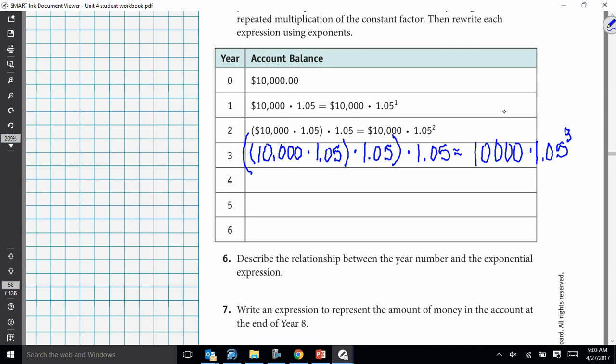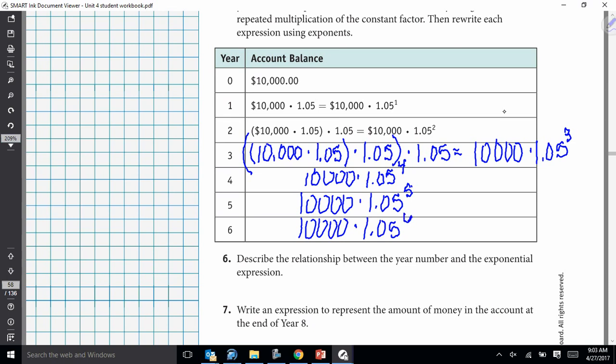So then how could we write year four? 10,000 times 1.05 to the fourth power. Year five. How could we write that? And then year six. The sixth power. And so question 6 says, describe the relationship between the year number and the exponential power.